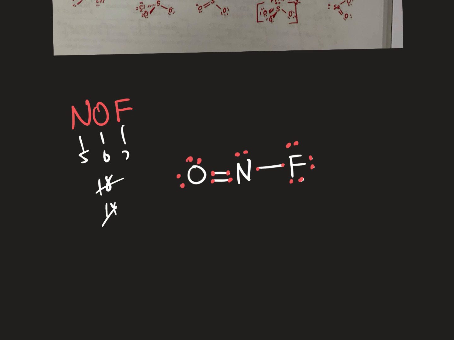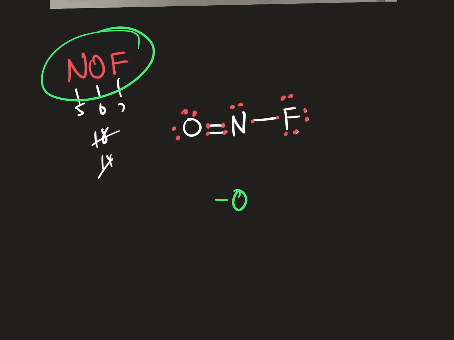If we tried it the way that it was written, oxygen in the center, then nitrogen, then fluorine, 2, 4, 6, 8, 10, 12, 14, 16, 18, right there, okay?